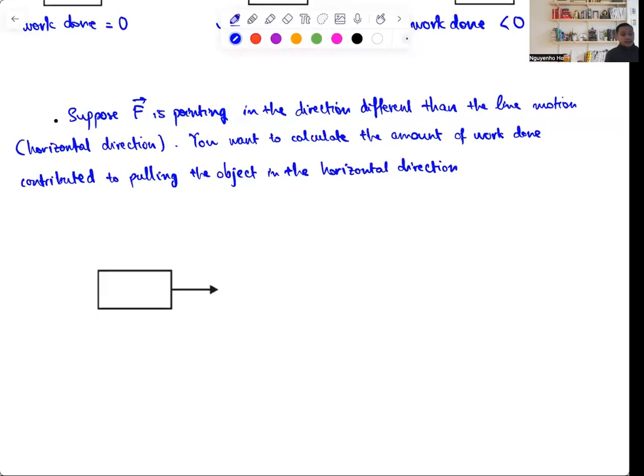Okay, so this is the way I applied the force. So usually at an angle like this. So D, this is D, this is the line of motion. This is the force that I'm going to apply onto the object. Okay. So by pulling the object at an angle like this, the force and the line of motion form an angle, and that angle is theta.